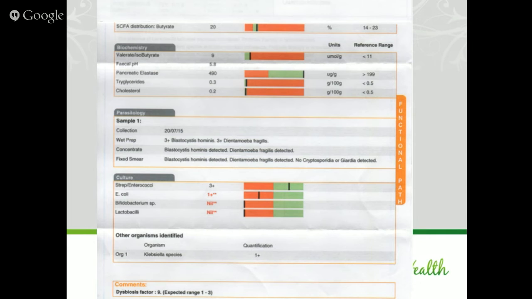And then the last one there is other organisms. So the Klebsiella that they found in there, depending on what studies you read, Klebsiella can be a commensal, but when it gets to a stage where it's detectable like this, or 1+, 2+, or 3+, then I get a little worried. And again, Klebsiella usually hangs out with dientamoeba, they're mates.